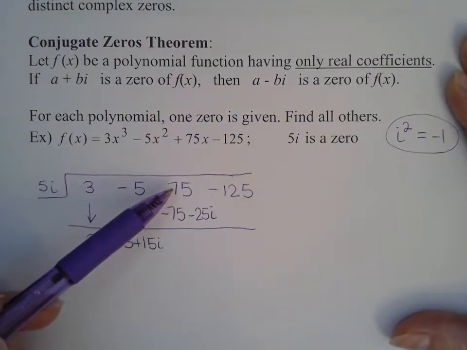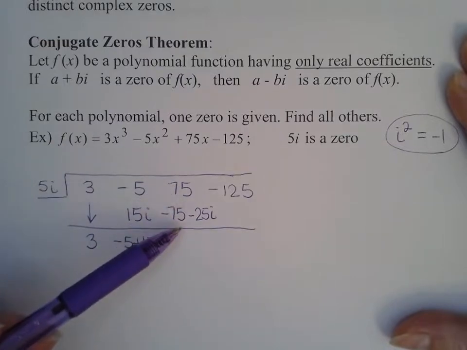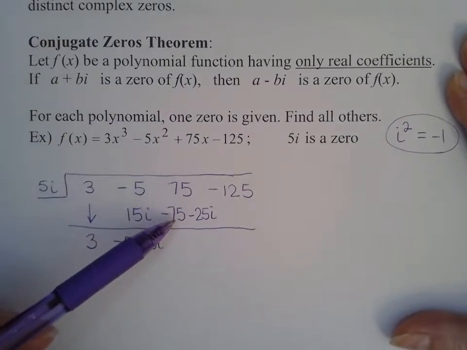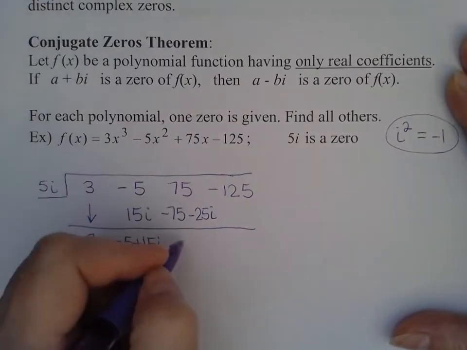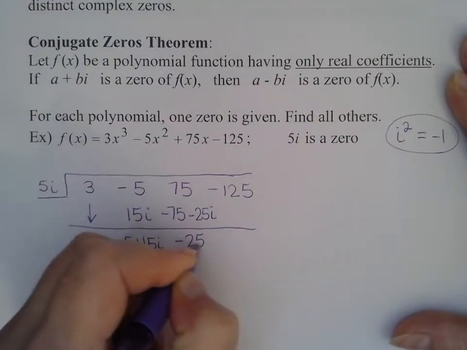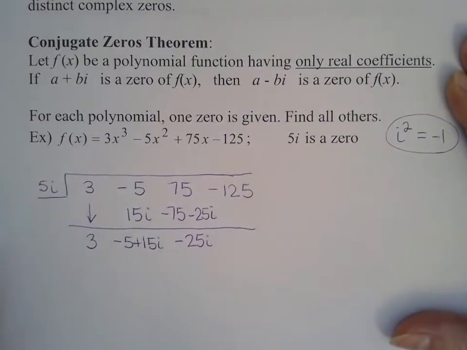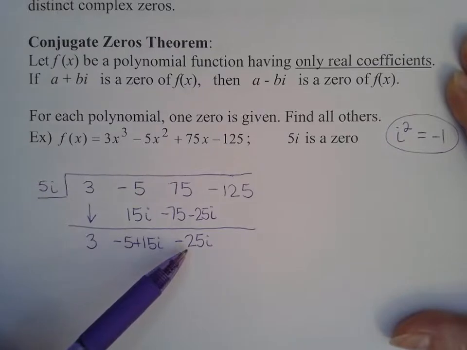I probably should have left a little bit more room. Okay, and so then we're going to add down: 75 plus negative 75. Those are going to add to 0. So I'm just going to get negative 25i. And then I'm going to do this again. 5 times 25 is 125.